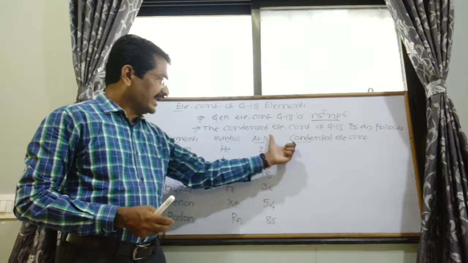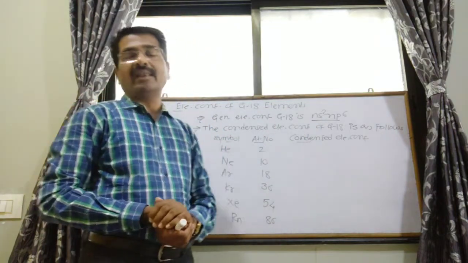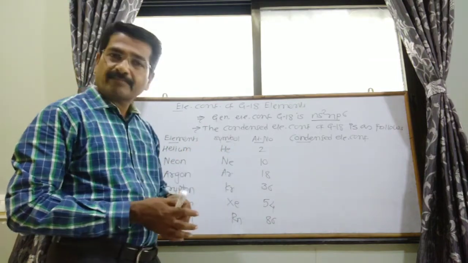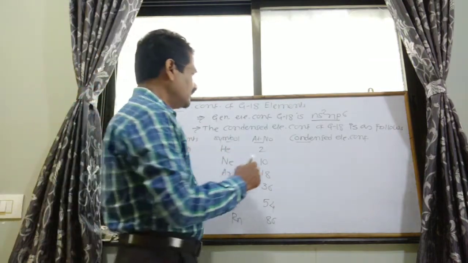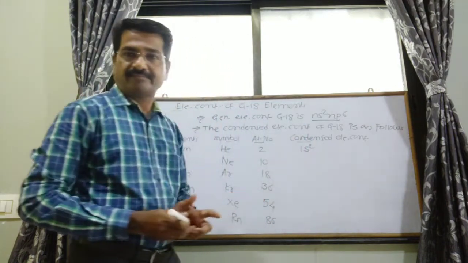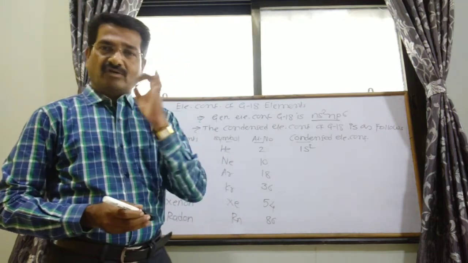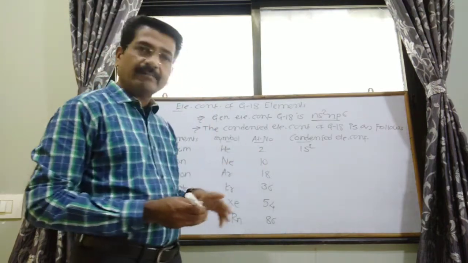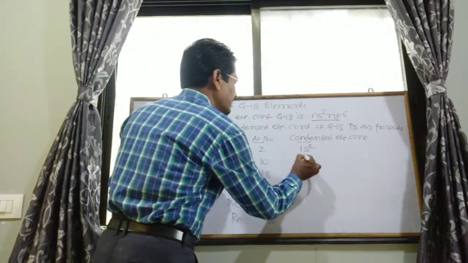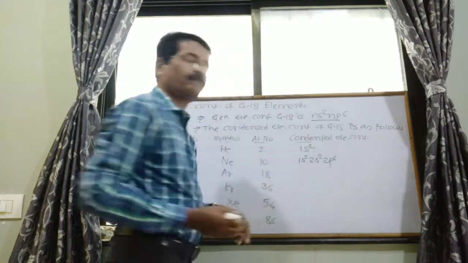Then see the condensed electronic configuration of noble gases. The first noble gas, helium, has 1s2, which is very simple. 1s2 is the electronic configuration of helium. After that, neon possesses 1s2 2s2 2p6.